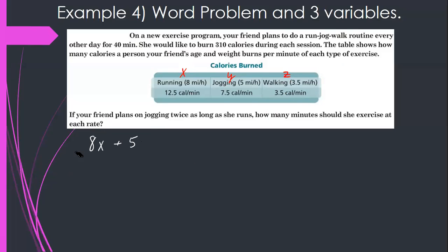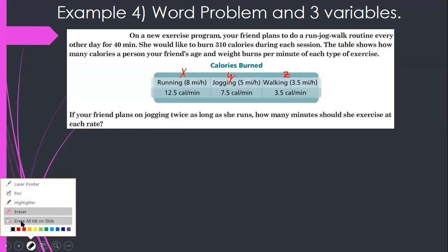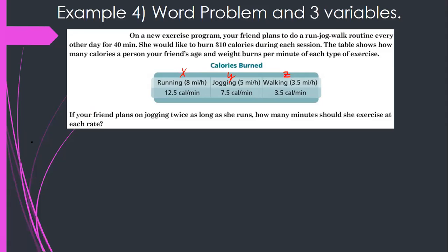We're talking about calories. Lo siento. I still want to write 8, and I don't know why. 12.5X plus 7.5Y plus 3.5Z equals 310, right?